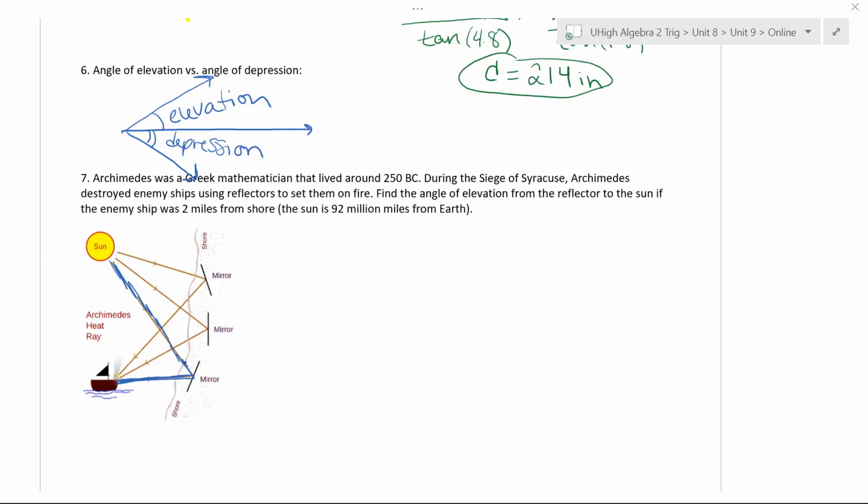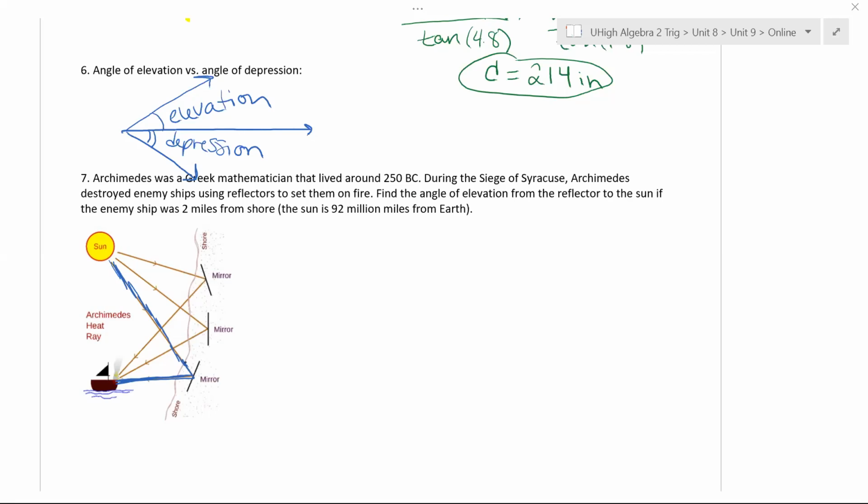Okay, so this problem says Archimedes was a Greek mathematician that lived around 250 BC. During the siege of Syracuse, Archimedes destroyed enemy ships using reflectors to set them on fire. Find the angle of elevation from the reflector to the sun if the enemy ship was 2 miles from shore.